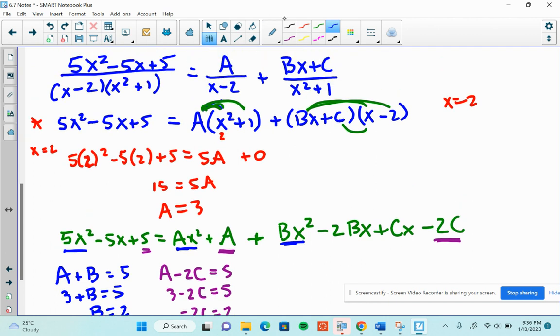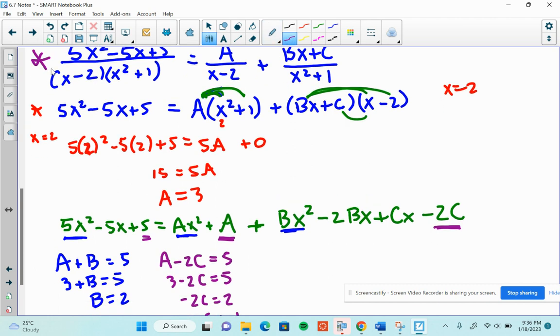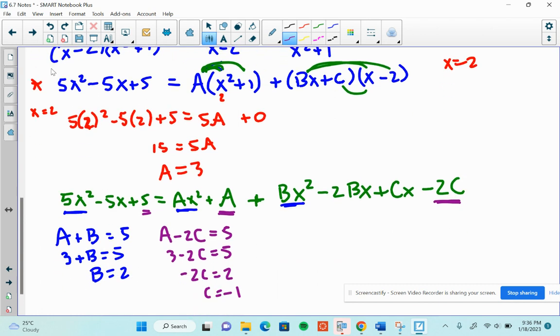We've got the fraction right here, 5x squared minus 5x plus 5.